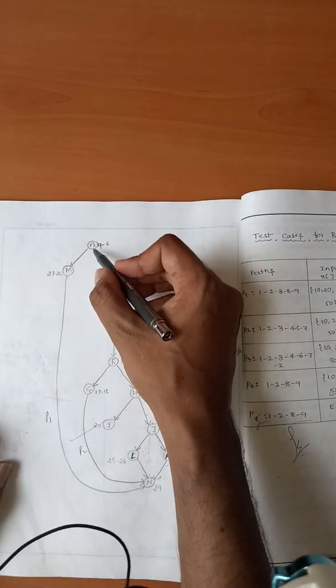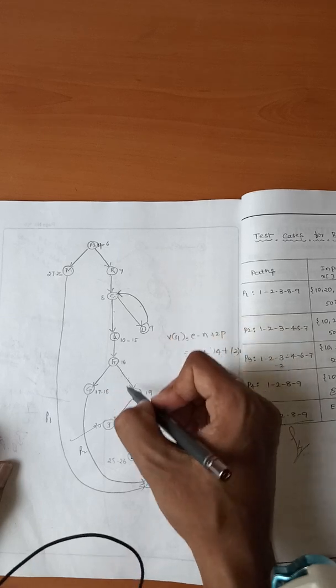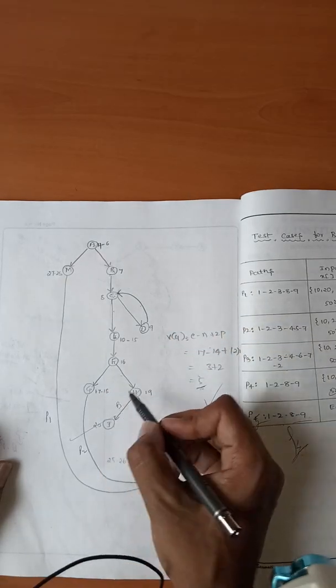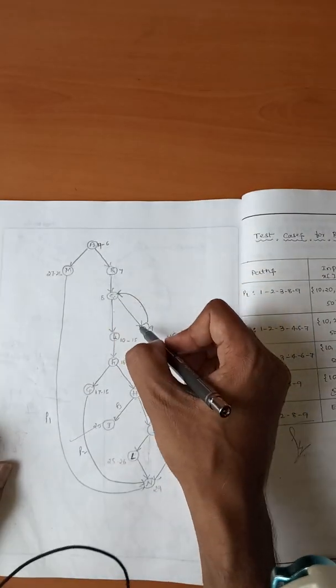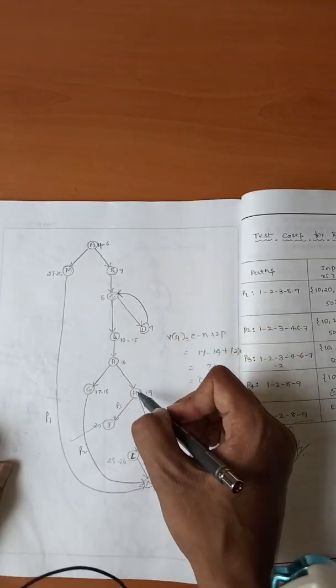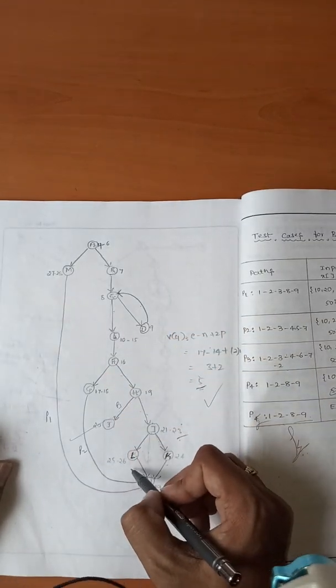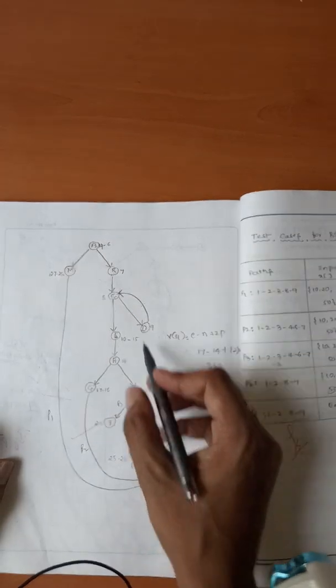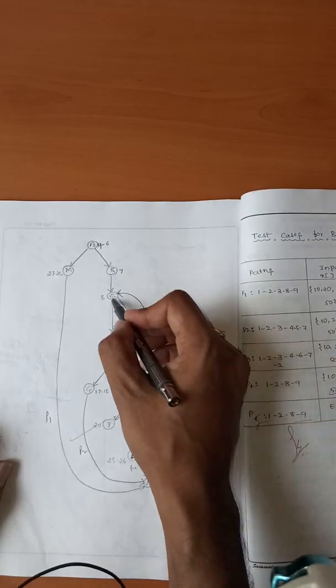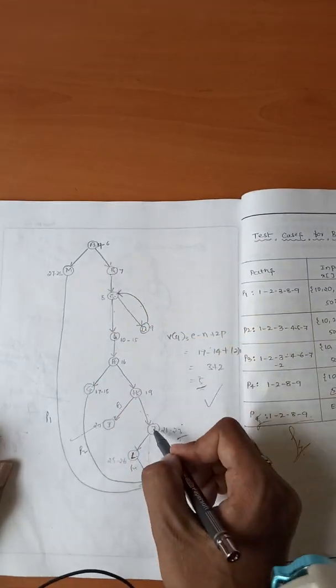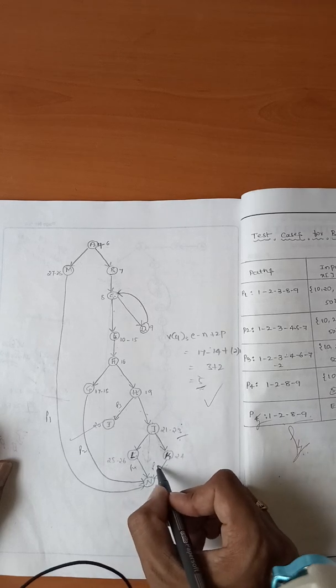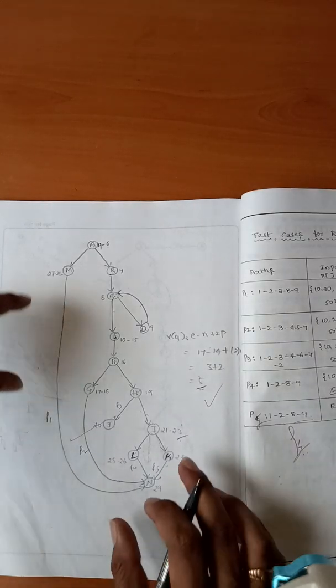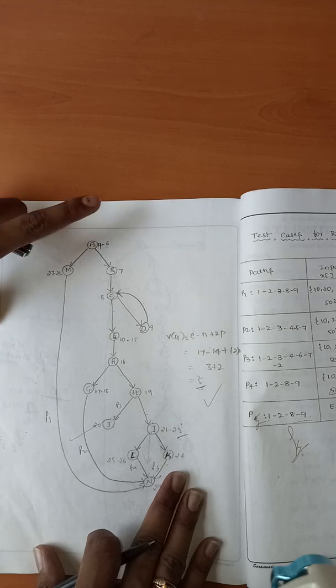Then A, B, C, E, F, H, I, this is P3. Then A, B, C, D, C, E, F, H, J, L, N, this is P4. The last one is A, B, C, D, C, E, F, H, J, K, N, this is P5. Like that, we need to derive the number of paths.